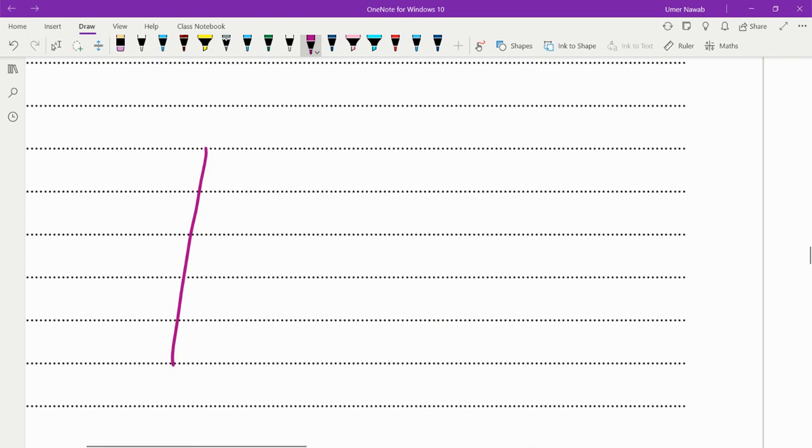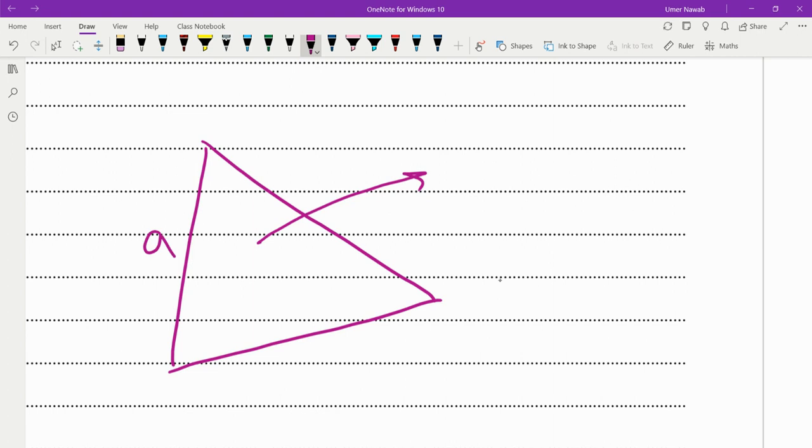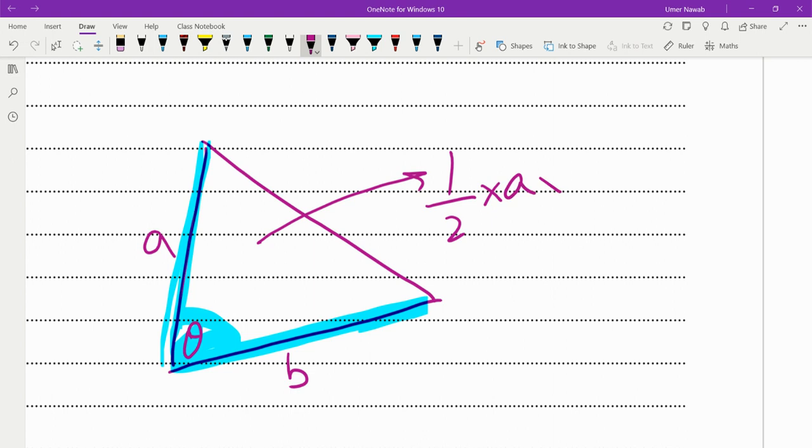Very important. Like the cosine rule, you need to know that whenever you want to find the area of any triangle, you use the trigonometry formula for the area of a triangle. The two sides must be known, which are called the arms, and the included angle is theta. So you can write half times arm times arm times sine of the included angle between the two arms. That is the area of a triangle formula.